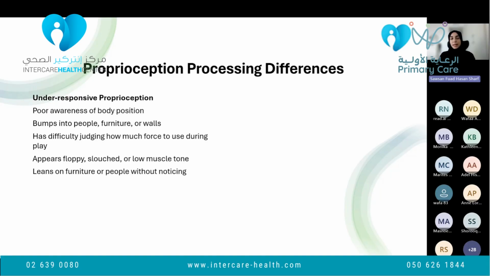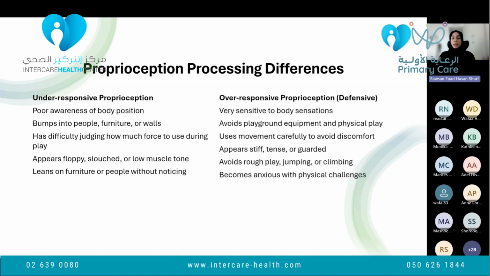A very common example here is that the child will not be able to put the right pressure on the pencil. Some children use very loose pressure on the pencil, while others use very heavy pressure, and it could even break. The child will appear floppy, slouched, or with low muscle tone, but it's not about the muscle tone, it's about the sensation.